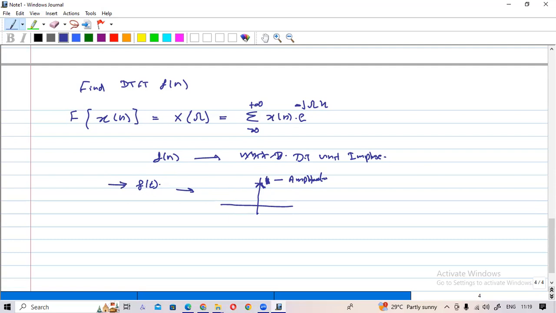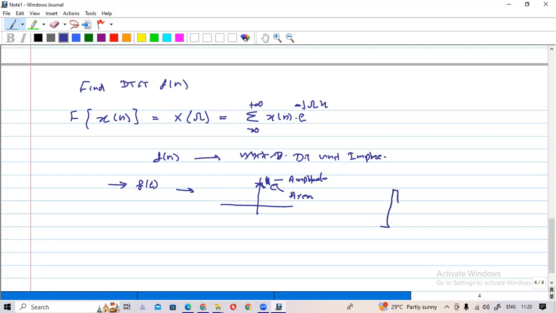Here, this one shows the area of this impulse. This is not a pulse, it is an impulse.